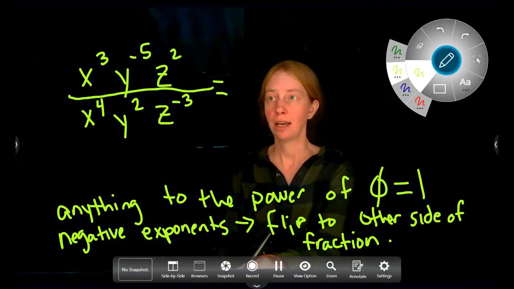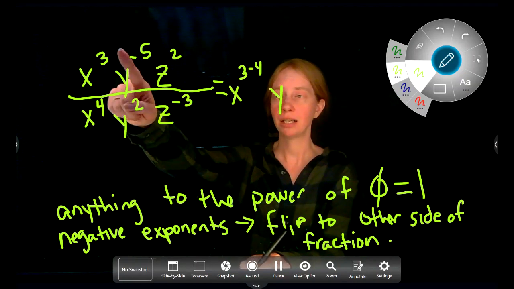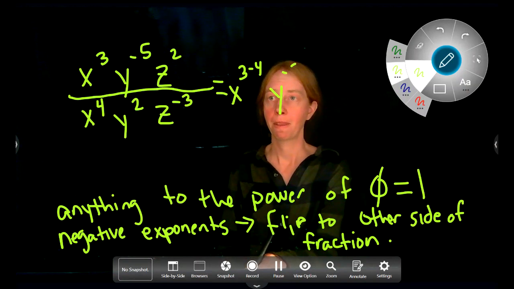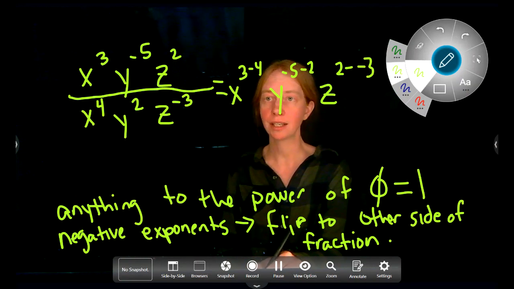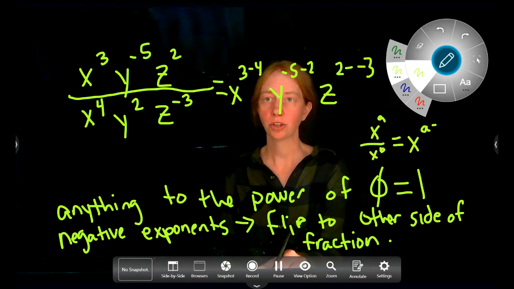Okay, so this is x to the 3 minus 4 times y to the minus 5 minus 2 and z to the 2 minus 3, right? Because our rule for these fractions is we do subtraction.